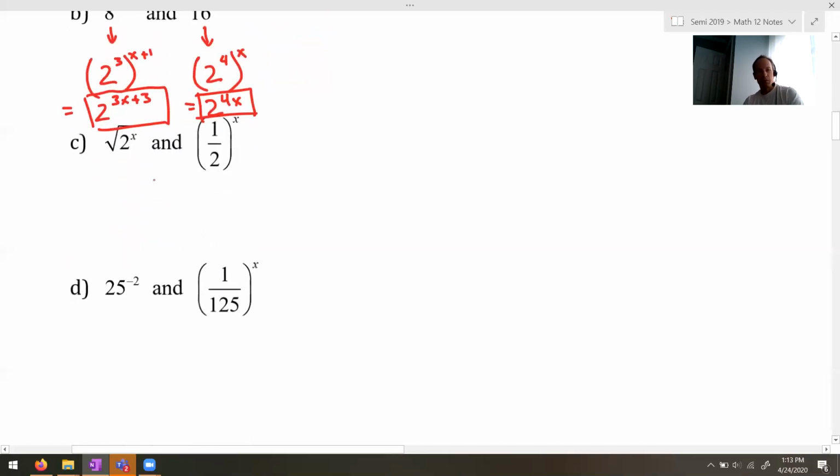Okay, this next one here. So root 2 to the power of x, remember this can be expressed as 2 to the power of x over 2. That's what a square root can look like. Remember, the square root of x is equal to x to the power of 1/2, so that's the property I'm using here.